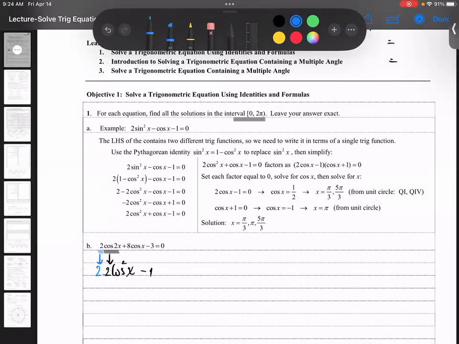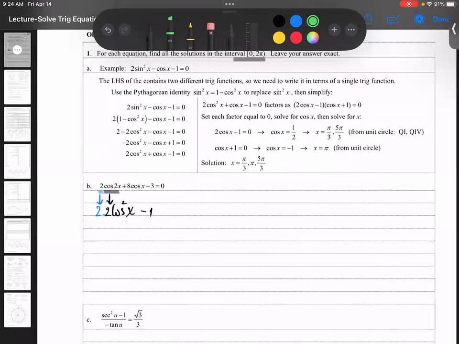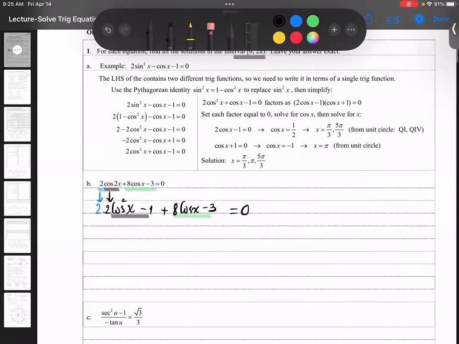Then you bring down a cosine x minus 3, equals 0. This equation has 2 sides. 2 times 2 is 4, so 4 cosine squared x. Minus 1 and minus 3 is going to be minus 4, and then plus 8 cosine x.